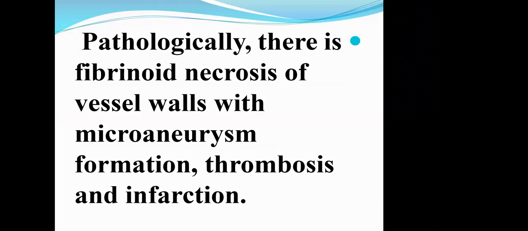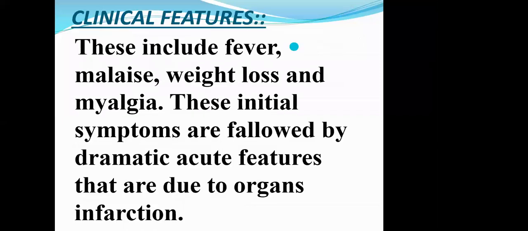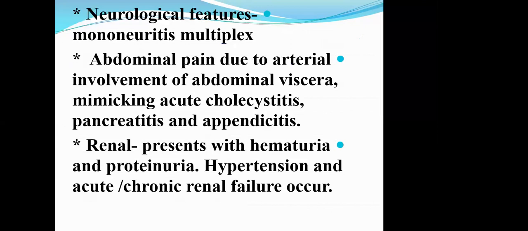Pathologically there is a fibrinoid necrosis of vessel walls with microaneurysm formation, thrombosis and infarction. Okay, definitely there is fever, malaise, weight loss and myalgia. The initial symptoms are followed by dramatic acute features due to an organ infarction.